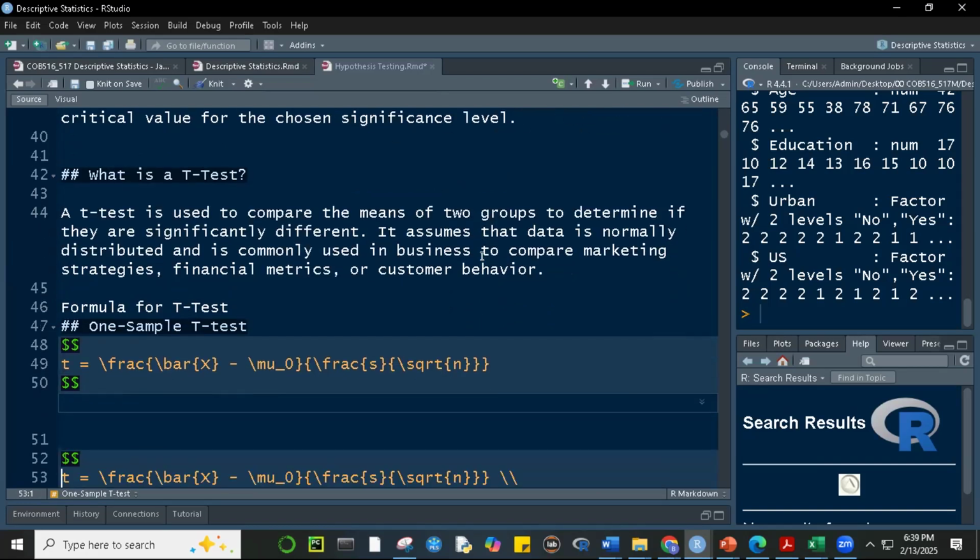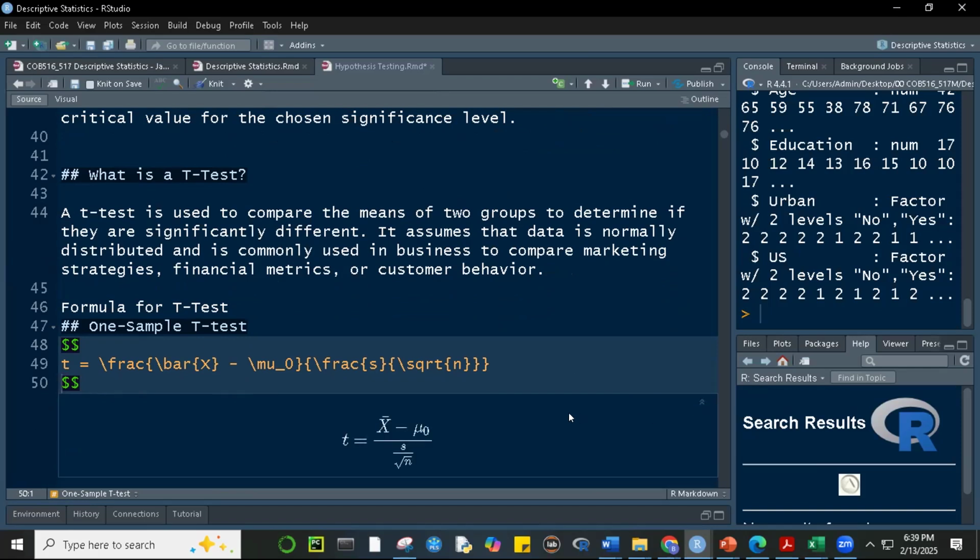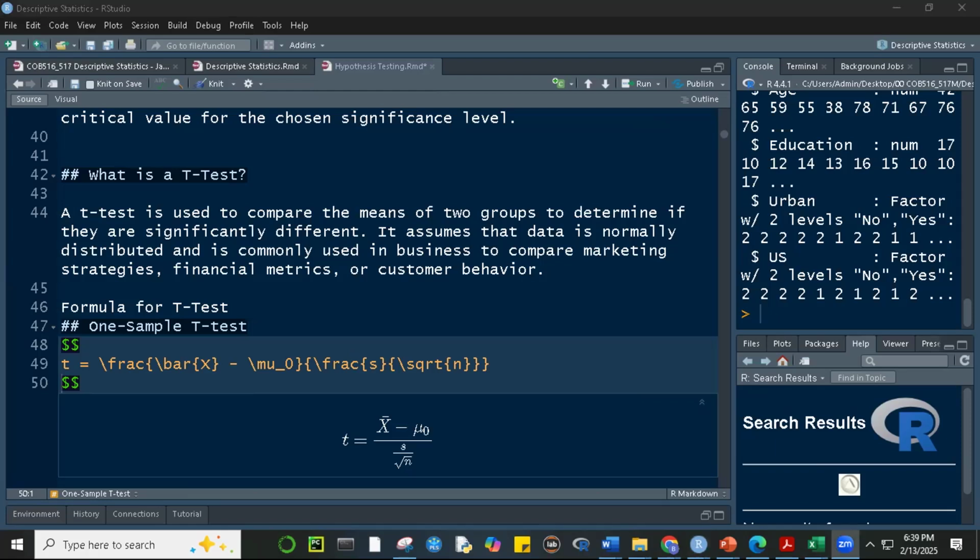Okay, if you run this, sometimes my LaTeX. Did I mention to you, class, LaTeX? Have I mentioned this to you? No, sir.